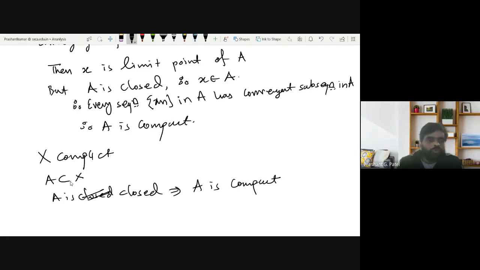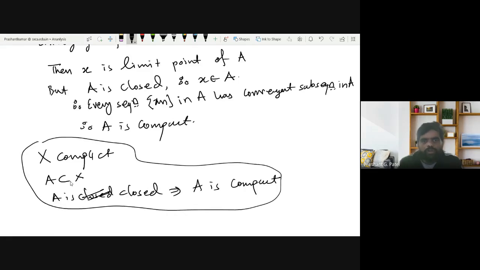What about the converse part that we have discussed, whether the converse of this result is true? The converse is true, but there is no requirement that X is compact. That means A is compact, which automatically implies that A is closed. A should not require that it is a subset of a compact metric space. Let us try to prove that also.